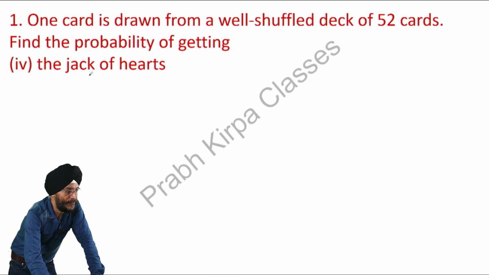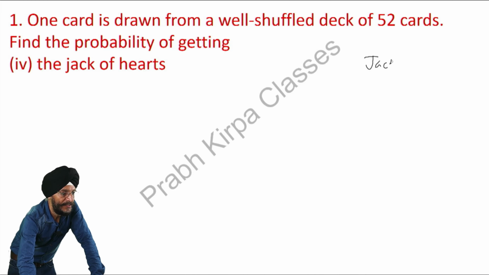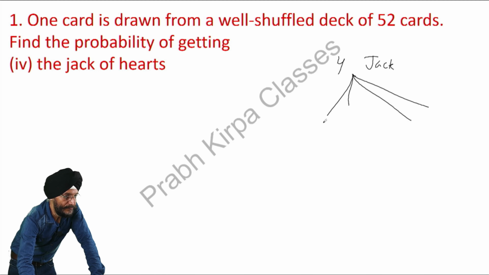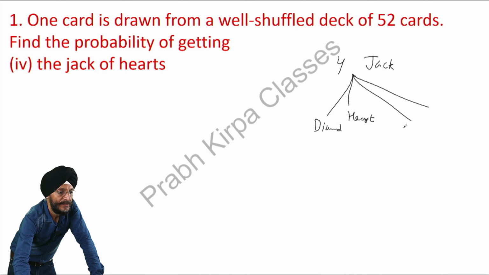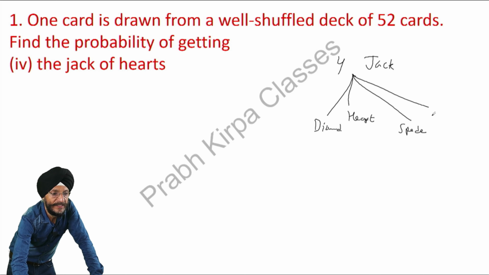The probability of getting a jack of hearts. We had learnt that there are 4 jack cards, out of which one is diamond, other is heart, other is spade, and the other is club card.